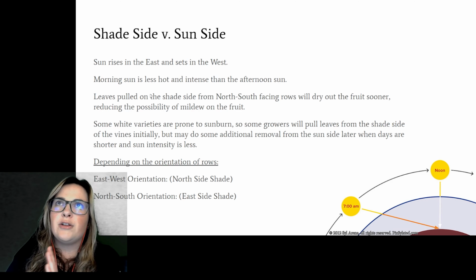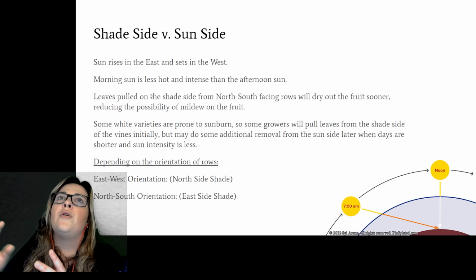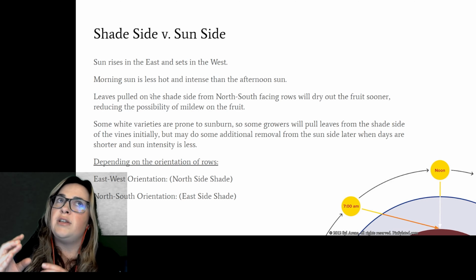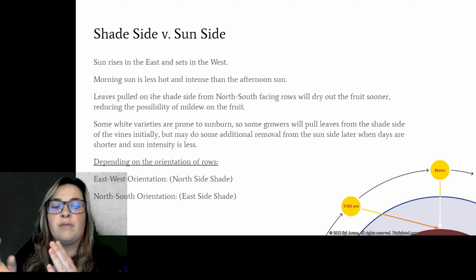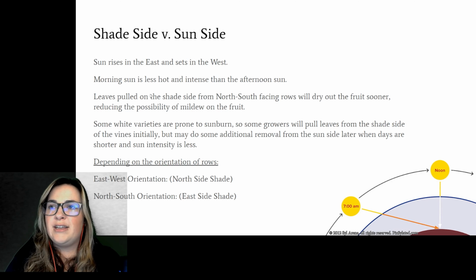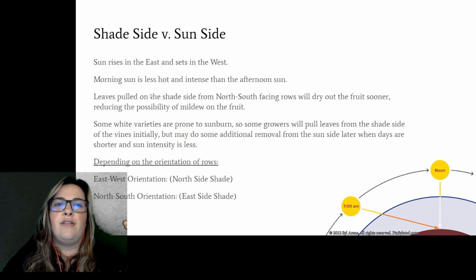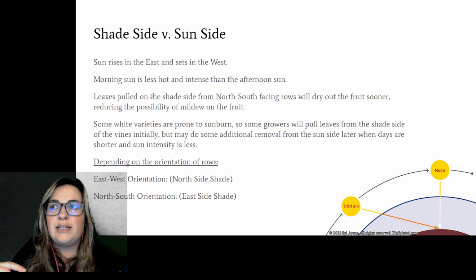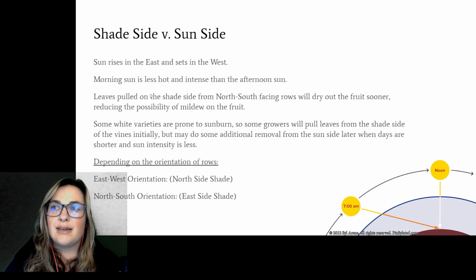Whenever you're confused about sun side versus shade side, think about where the sun rises and where the sun falls, right? It also depends on the orientation of your rows. There are east-west orientation vineyards, and in that situation you want the north side to be your shade side. If you are in a north-south orientation, you would want your east side to be the shade side.